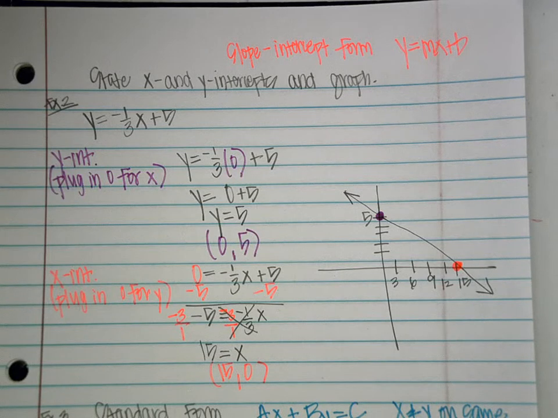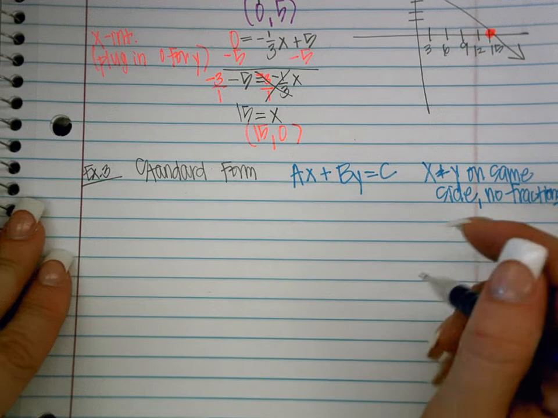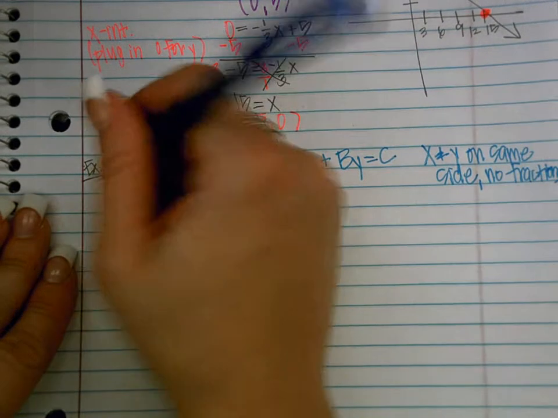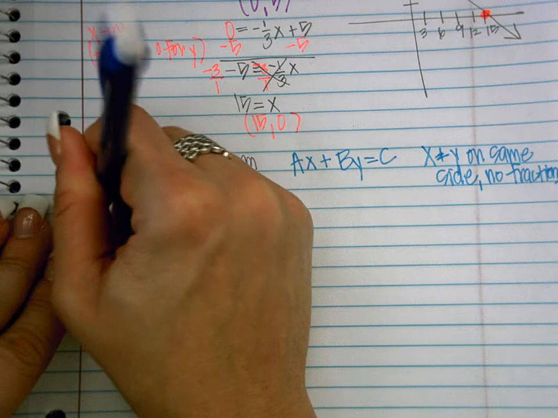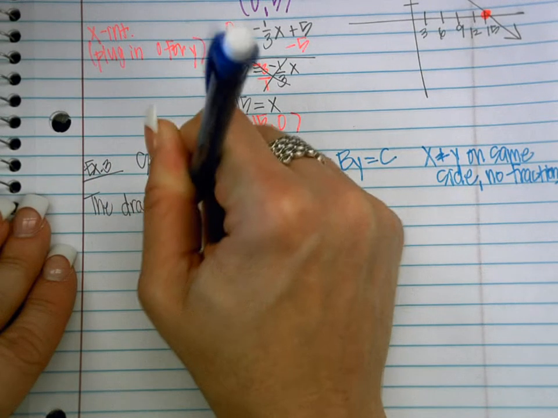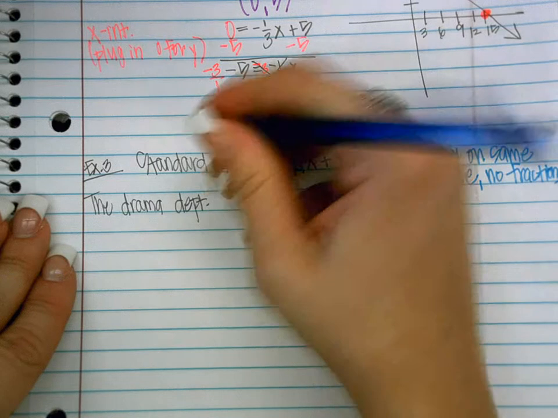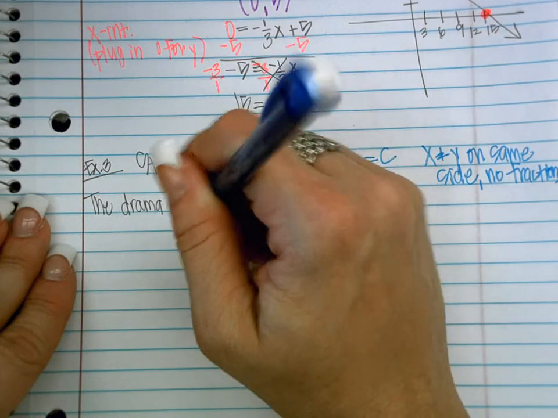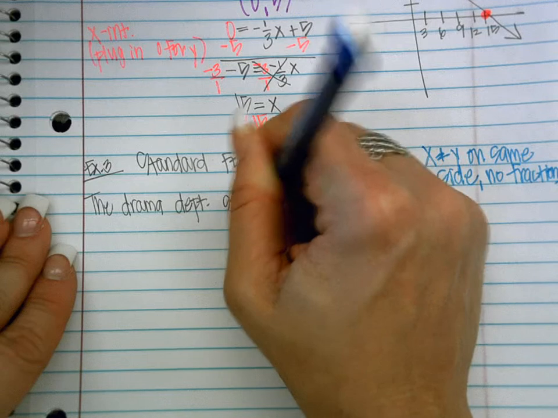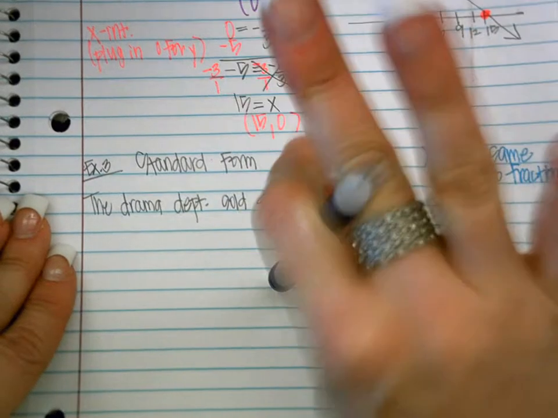Got that written down? Okay, so for number 3, let's say that this is going to be a word problem. The drama department sold $1,260 worth of tickets to a play.